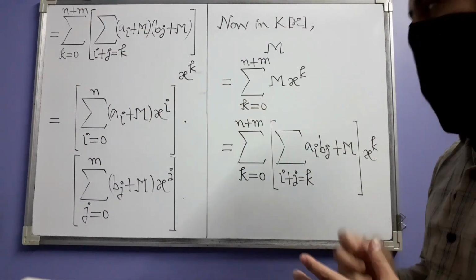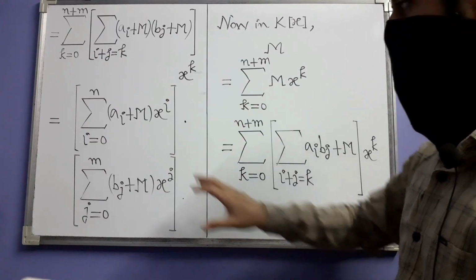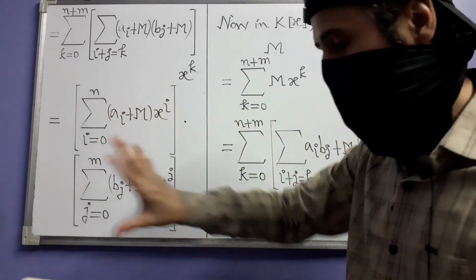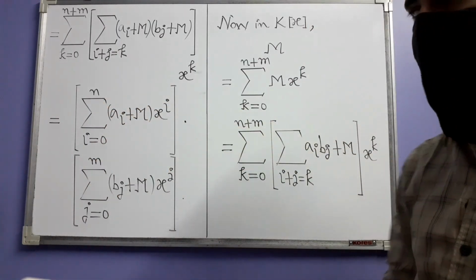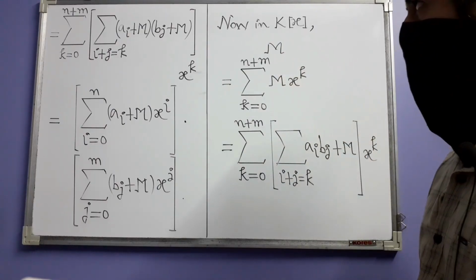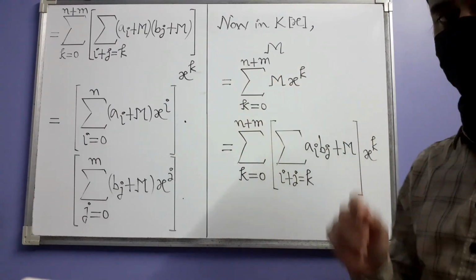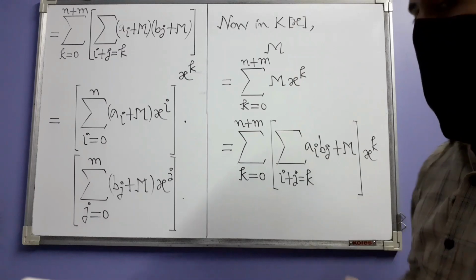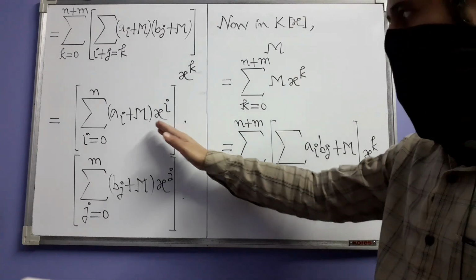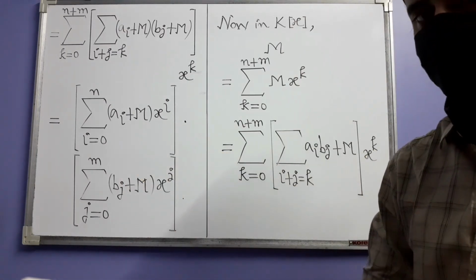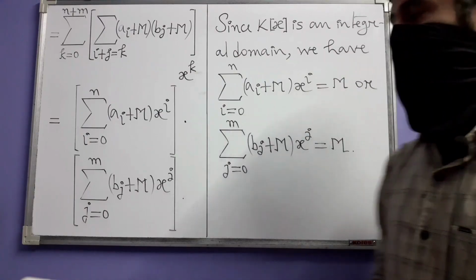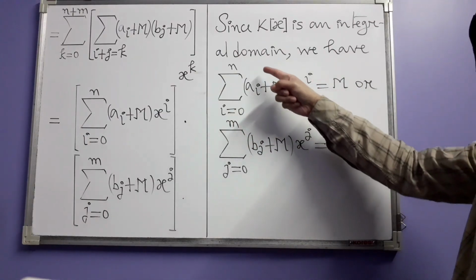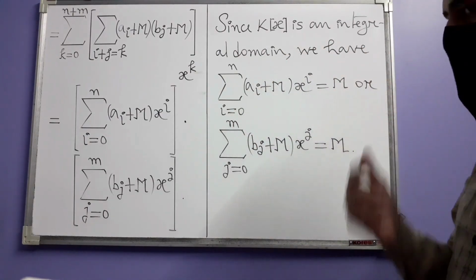And now what have you got here? You have got the fact that the product of two polynomials in K[x] is equal to 0. And just now we wrote that K[x] is an integral domain. So at least one of them has to be 0. So this means that we have written the reason also.